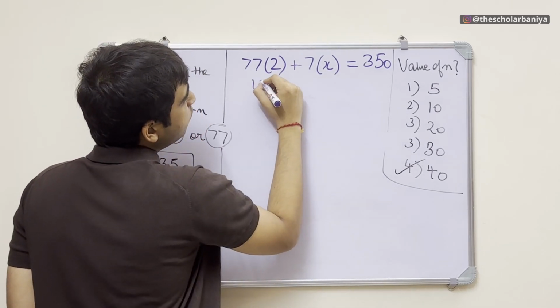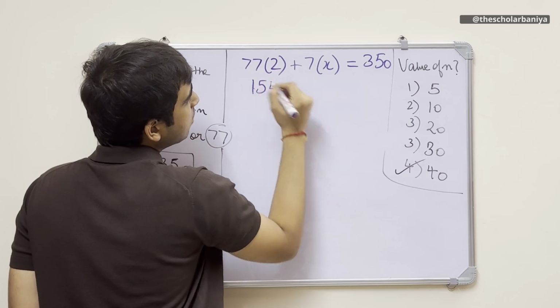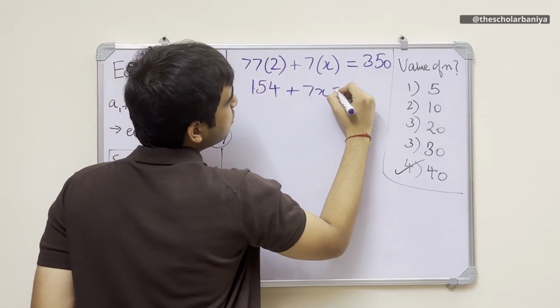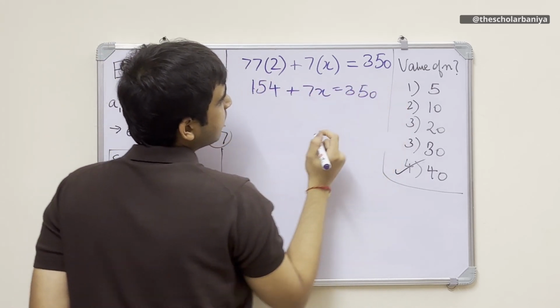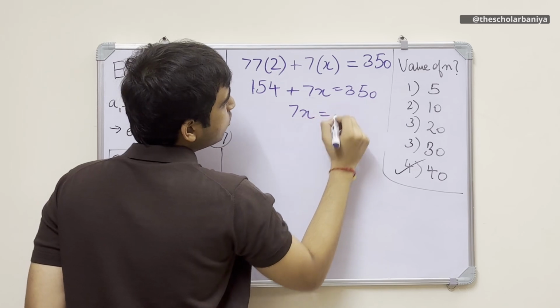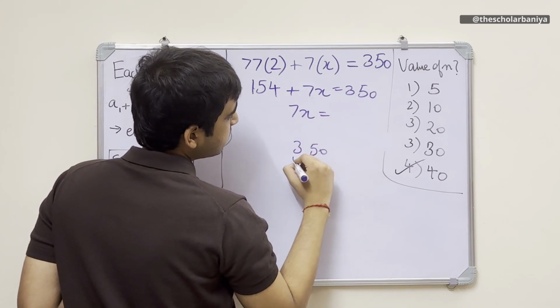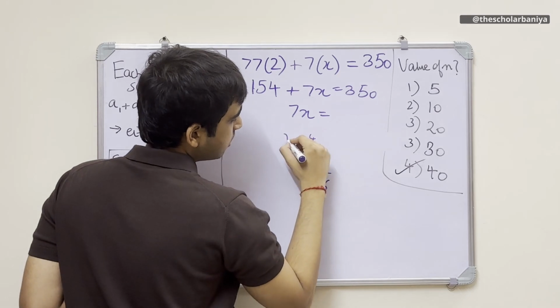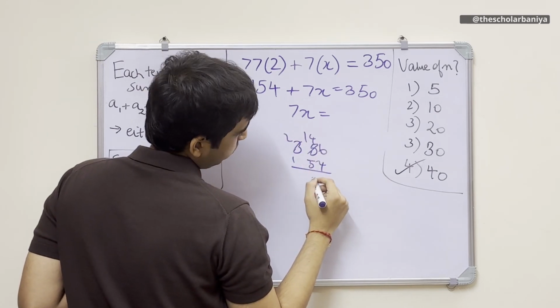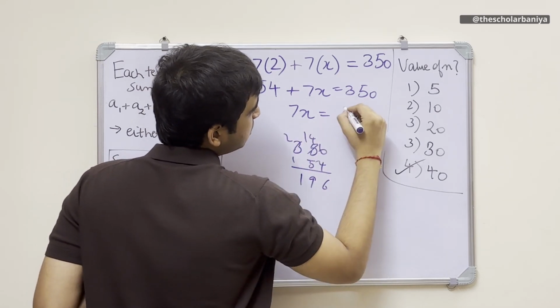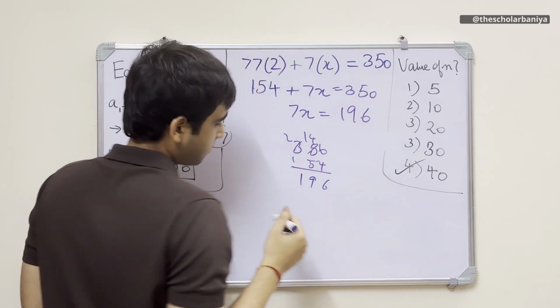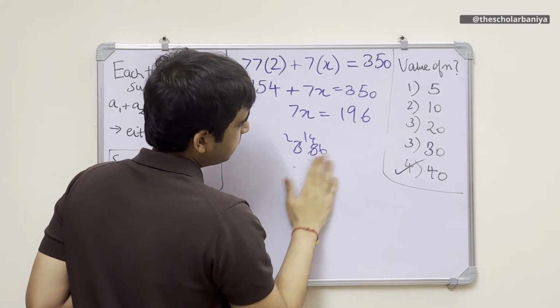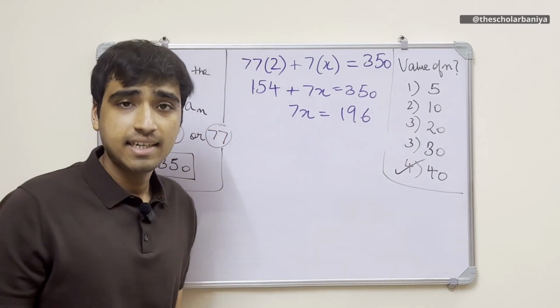This is 154, plus 7x is equal to 350, right? So 7x is equal to 350 minus 154, which is 196.